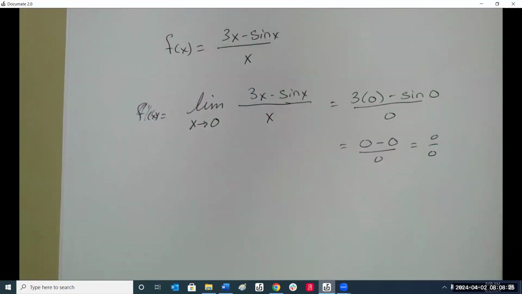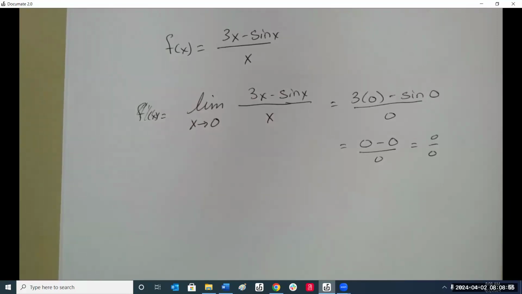But using what we call L'Hopital's rule, it's named after a person named Guillaume de L'Hopital, a French mathematician, philosopher, physicist, who thought that, hey, if we have an indeterminate form of an equation, 0 over 0, infinity over infinity, we can go further.